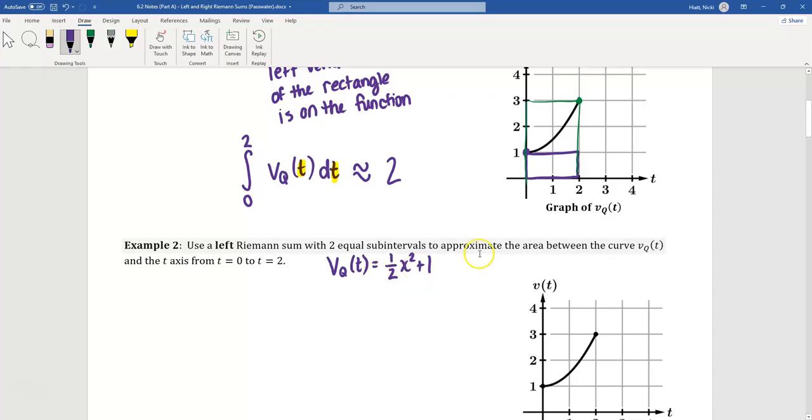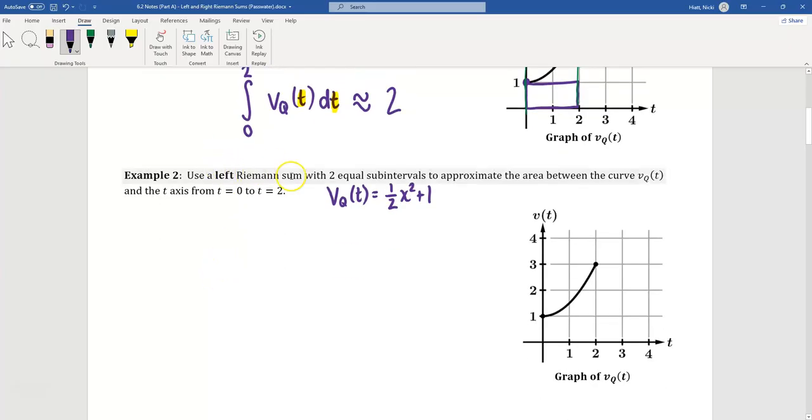I want us to find this exactly here. So if I want to do a left Riemann sum with 2 equal subintervals, right? Well, we generally want to think of our rectangles as being vertical rectangles, right? So that means my interval is from 0 to 2. If I'm splitting that into equal subintervals, then I'm going to have 2 rectangles.